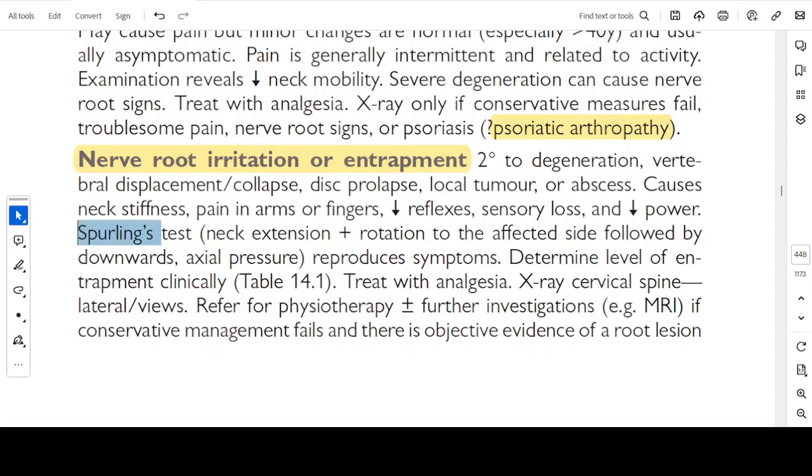Sperling's test: neck extension plus rotation to the affected side, followed by downward axial pressure, reproduces the symptoms of nerve root irritation. This is called the Sperling's test.